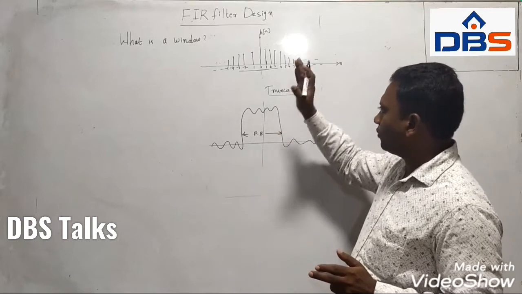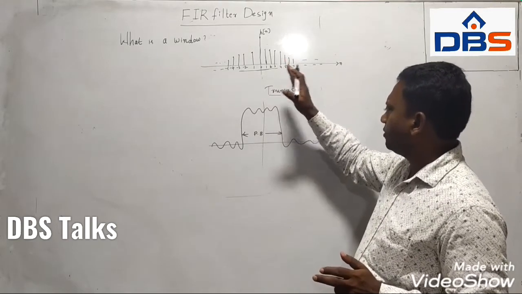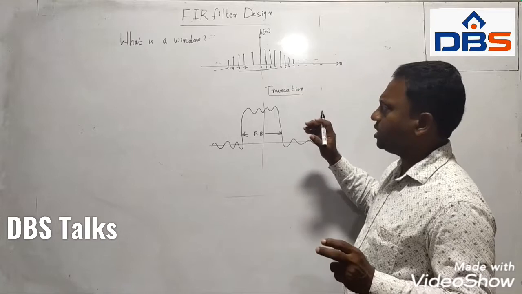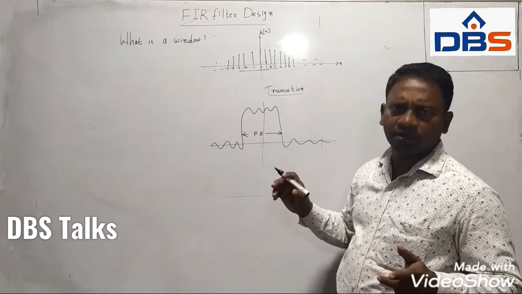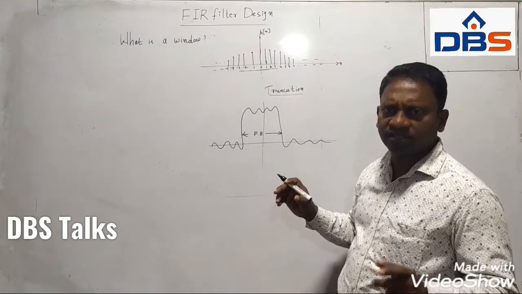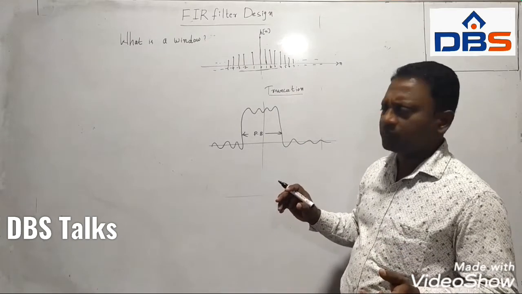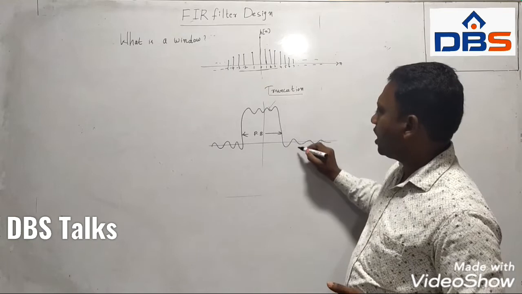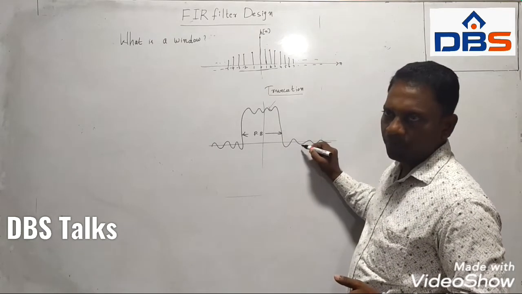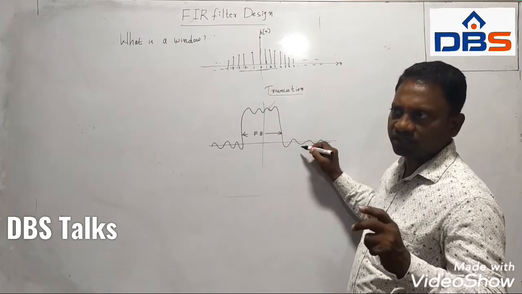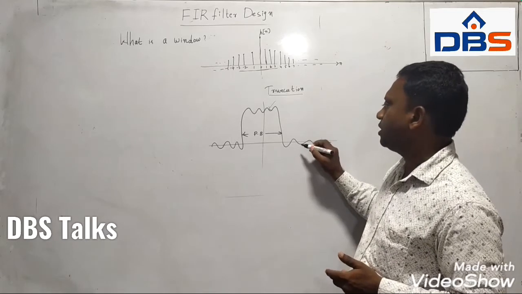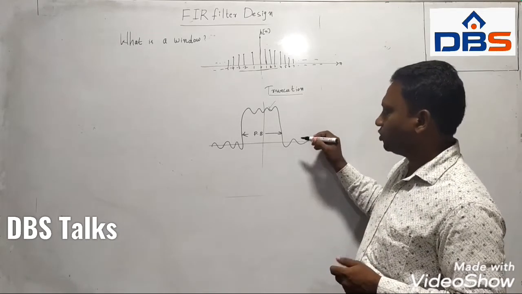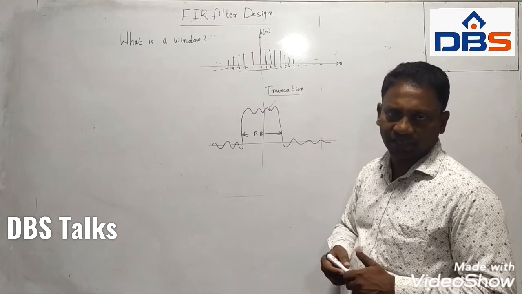So when you truncate it, due to the abrupt convergence of the Fourier series, you will get oscillations in the pass band as well as in the stop band. This phenomenon is called the Gibbs phenomenon, and because of this you may have some difficulty in the design.